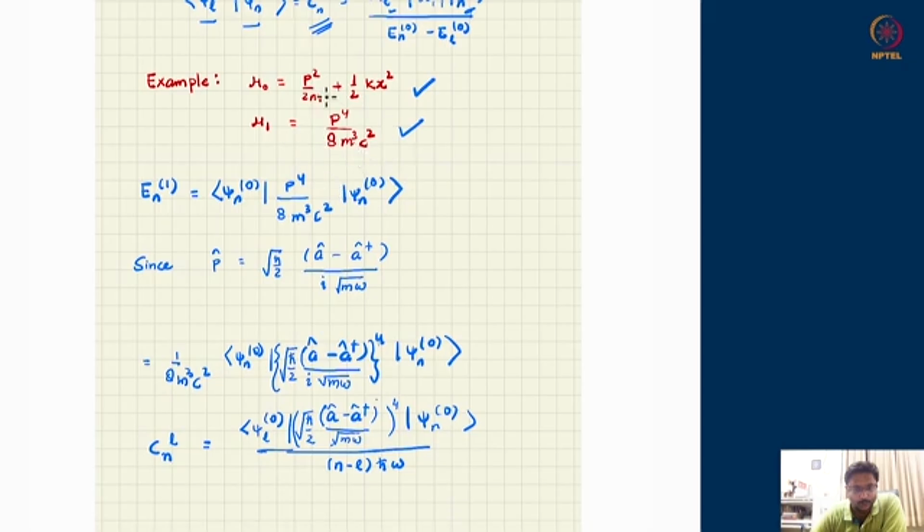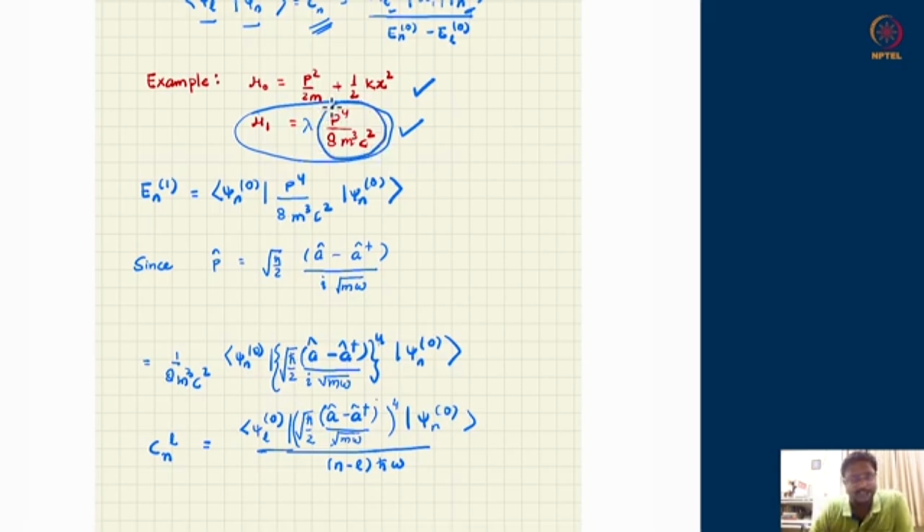Okay, so this is my perturbation Hamiltonian, and the parameter lambda is 1 over 8 m cubed c squared. I am just taking the inverse of 8 m cubed c squared as lambda, or I could define a fictitious lambda here, which will be put as 1 at the end of the day, and then this whole thing will become the operator.